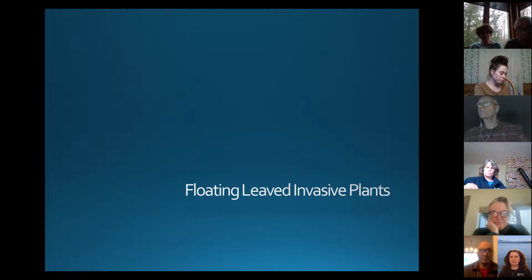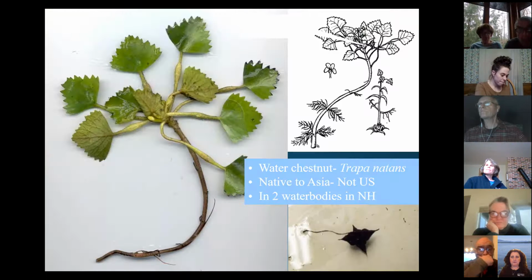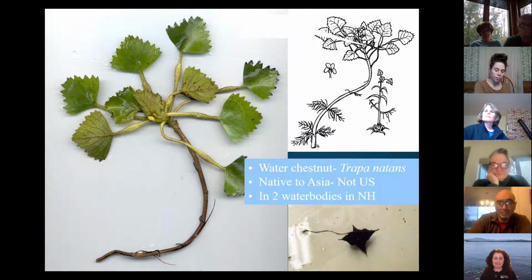All right, so we're going to move out a little bit deeper into the floating leaved plant zone. And this one, we only have one in the floating leaf plant zone to look out for. And it's bizarre looking. It doesn't look like any of the water lilies that are out there. This is water chestnut, and it's not to be mistaken with the water chestnut that you have in your Asian food.